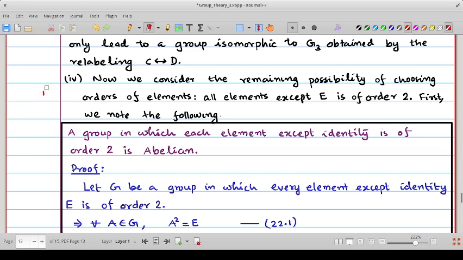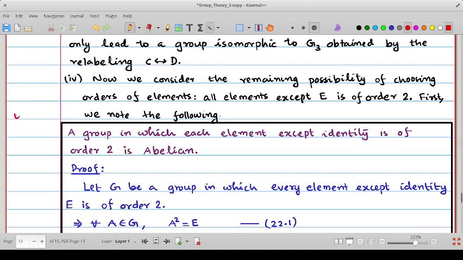So we should consider the other possibility, that we construct a group of order 6 with elements consisting of order 1, which is the identity, and the remaining elements being of order 2. So we need 5 such elements.